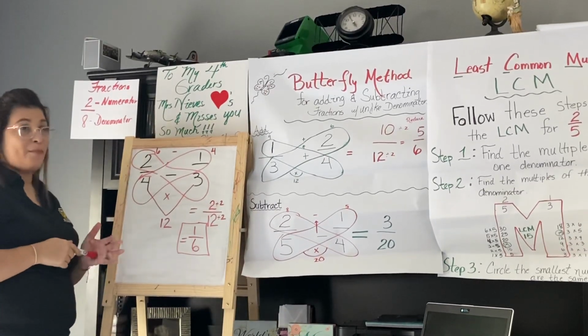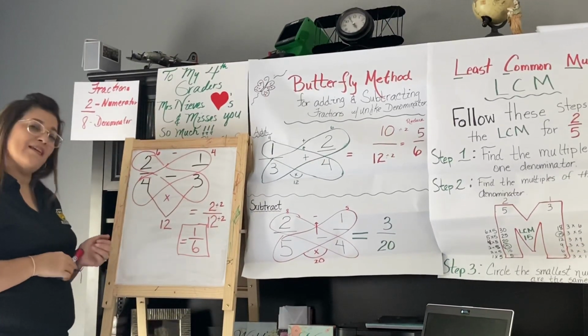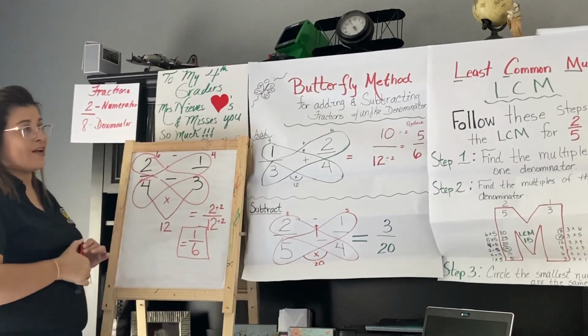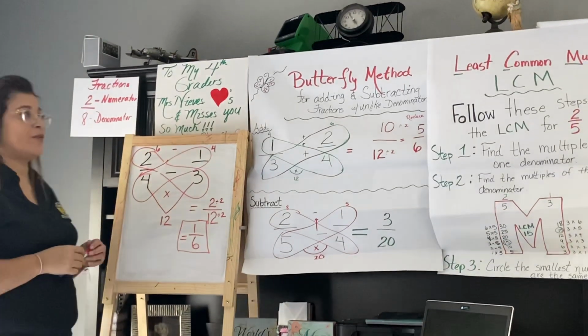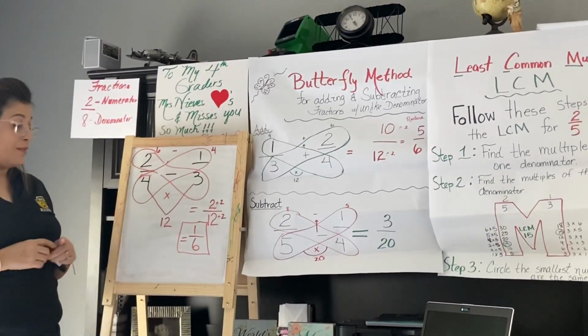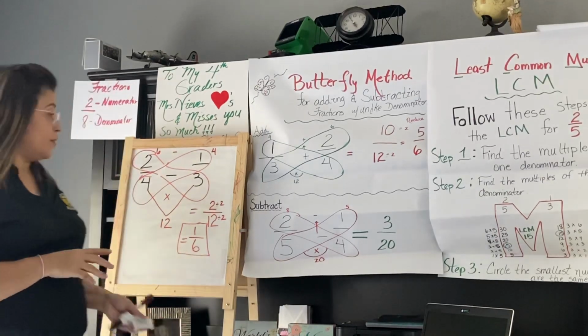So as you can see, the butterfly method is very easy and simple to add or subtract fractions with unlike denominators. As I said, you use the method that better suits you.